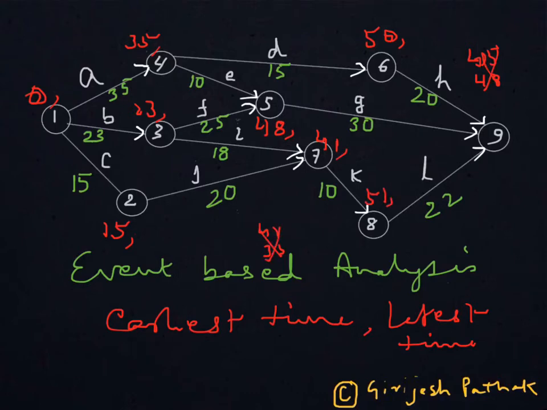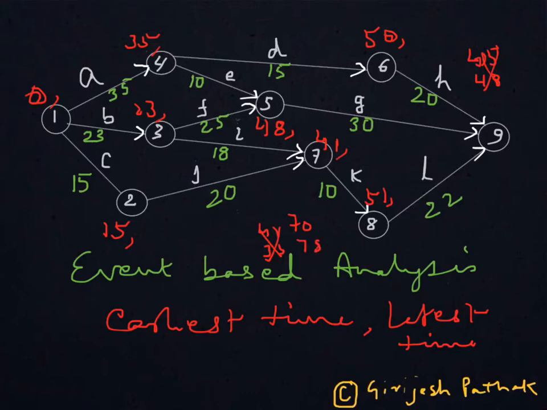And then for node 9, you see there are three arrows ending. We'll have to compute from all the sides. From the H side, it is 50 plus 20, 70. Then from the G side, it is 48 plus 30, so it is 78.